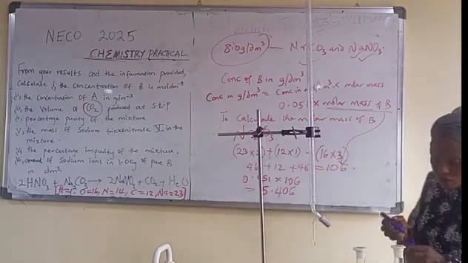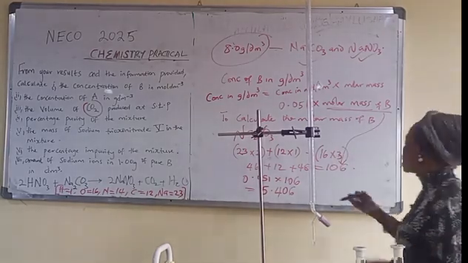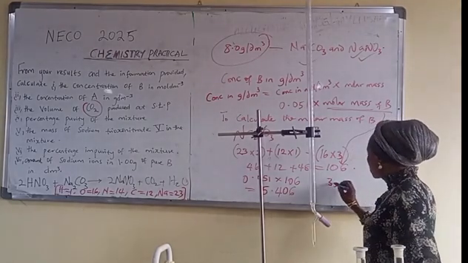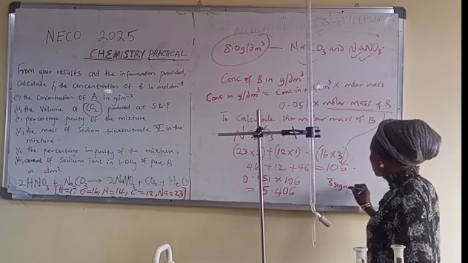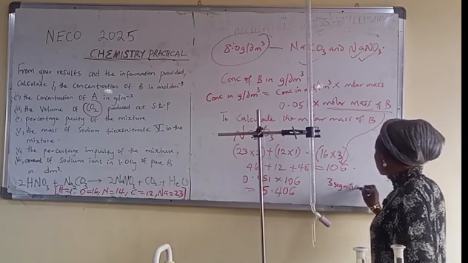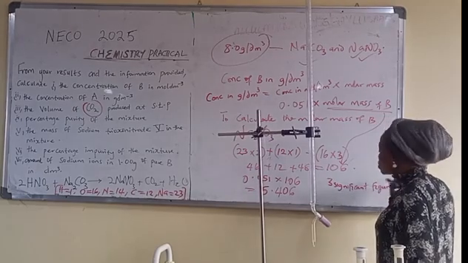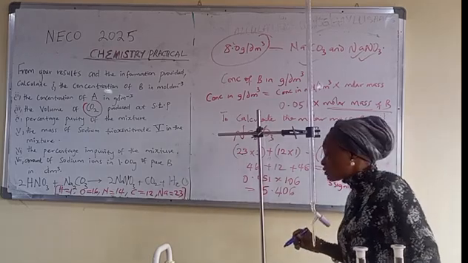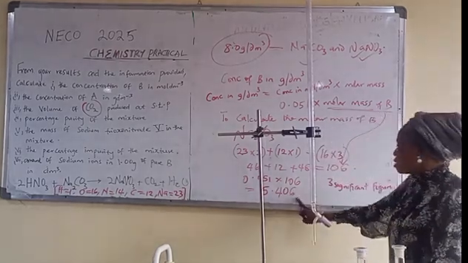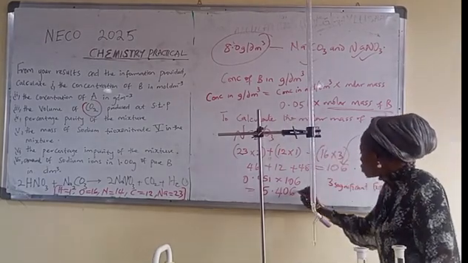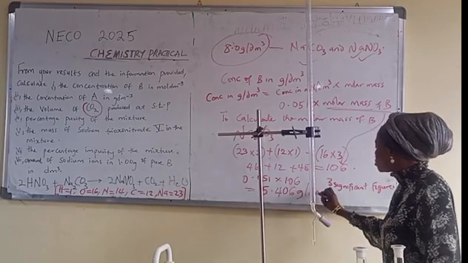All your calculations must be in 3 significant figures. 3 significant figures in titration in chemistry. So take note. Once it is not calculated in three significant figures, the final mark here, you have lost it. So now in gram, you put your gram per dm cube.